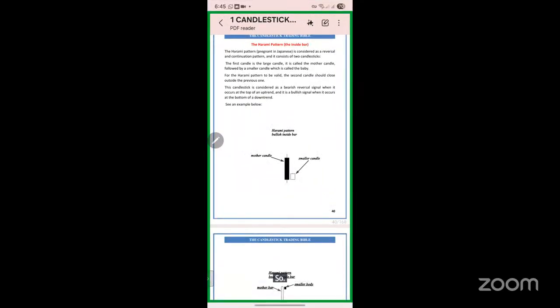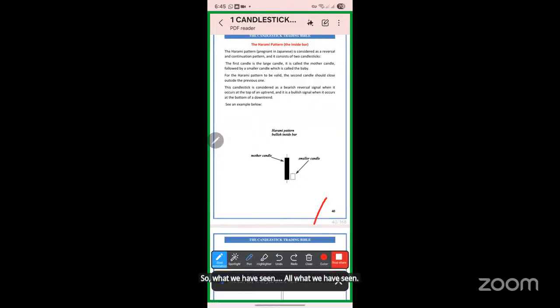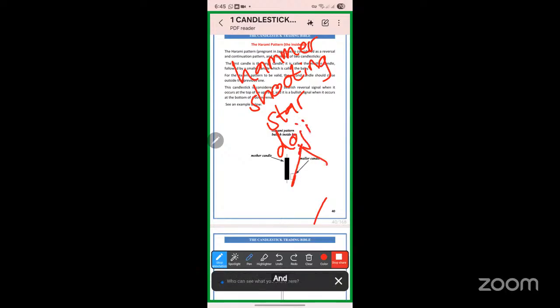So all what we have seen, like the hammer, the shooting star, and the doji. And under these dojis, we saw the dragonfly doji and the gravestone doji.